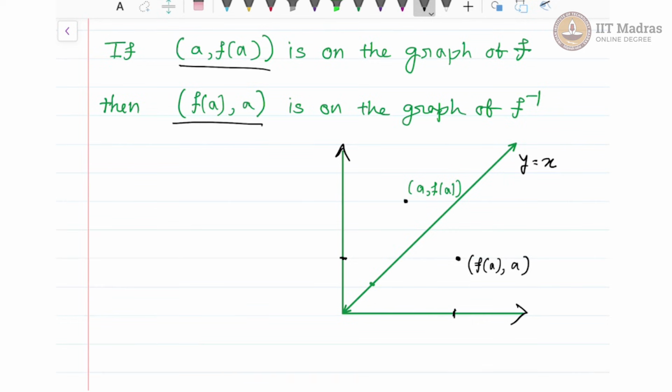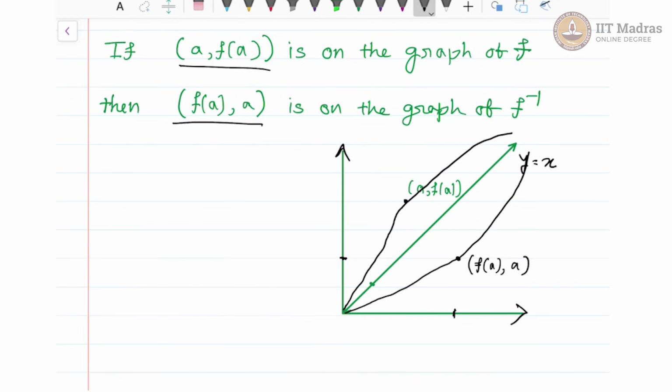So what we are actually doing when we are plotting the graph is reflecting our original function. If the original function is somewhat like this, then what we are doing is reflecting it, and it will be a very similar function which will look like this. So this is how the graph of the inverse function will look.